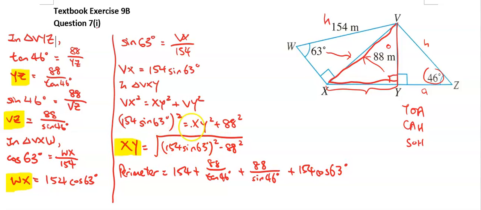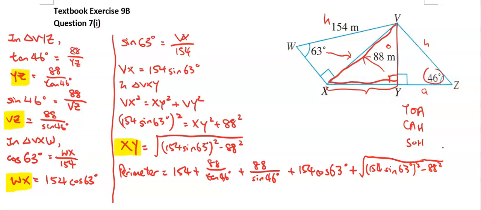And we add the last side, XY, which is a square root, because of our Pythagoras theorem, of 154 sine 63 degrees squared minus 88 squared.